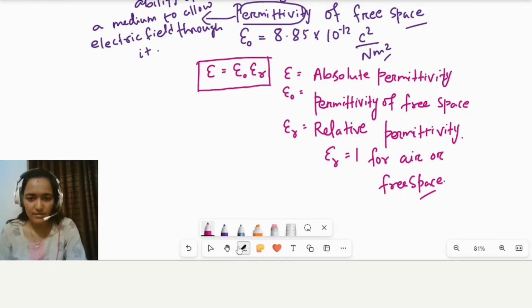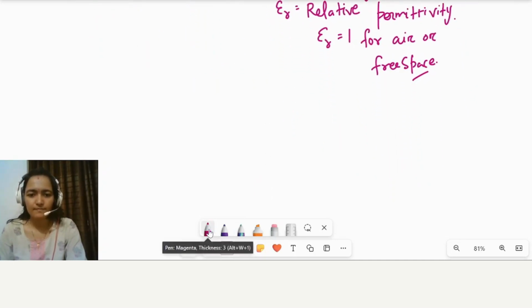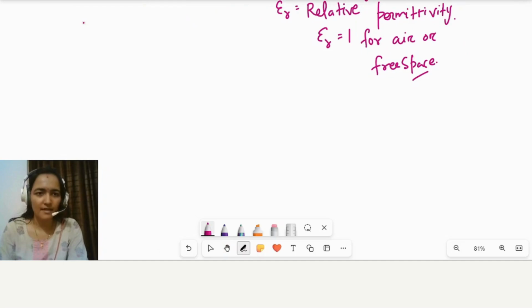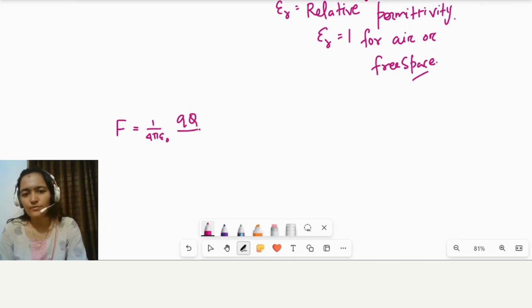Okay, next one. What we learned till now is F air, or vacuum, is equal to 1 by 4 pi epsilon naught, Coulomb's force of attraction will be QQ by R square, okay, for air or vacuum.